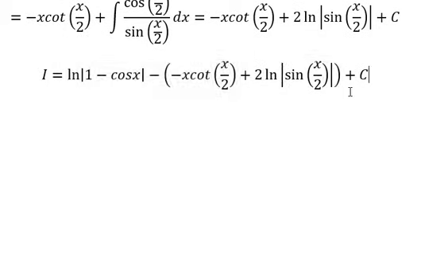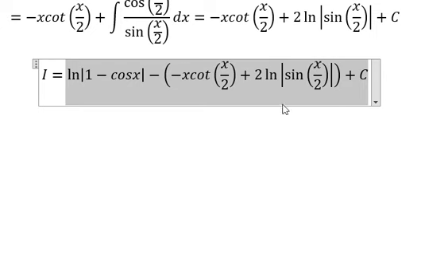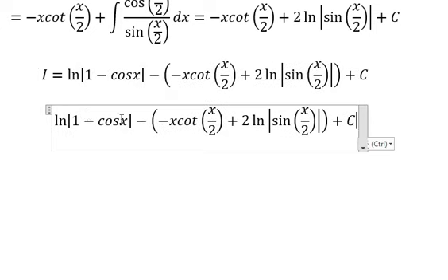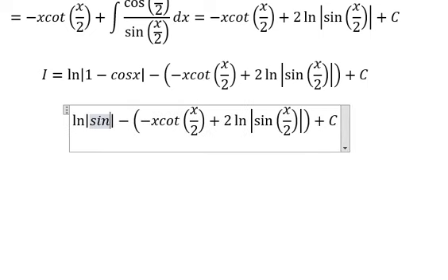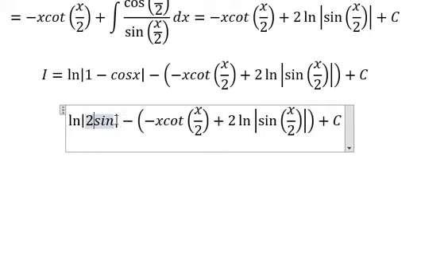We know that 1 minus cosine x is 2 sine squared of x over 2.